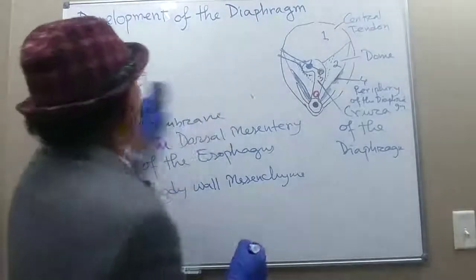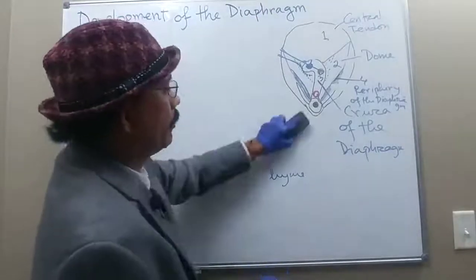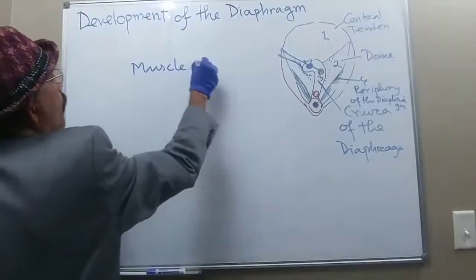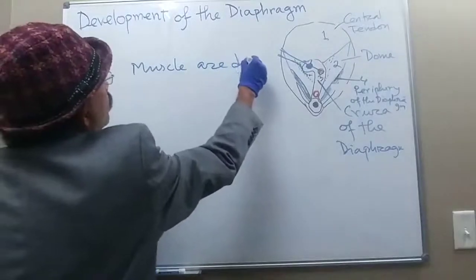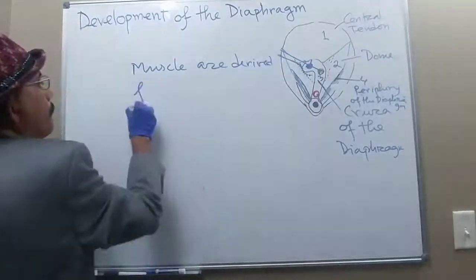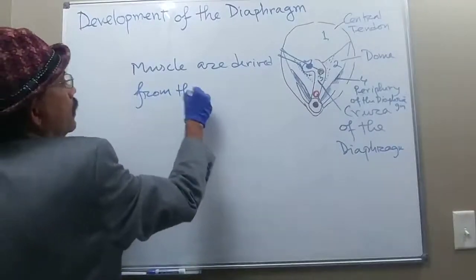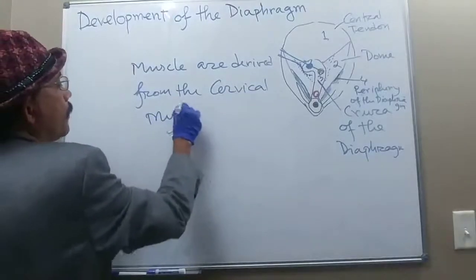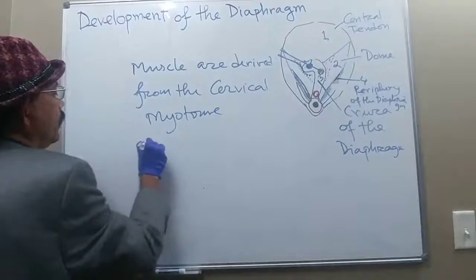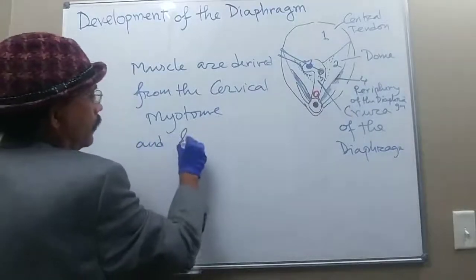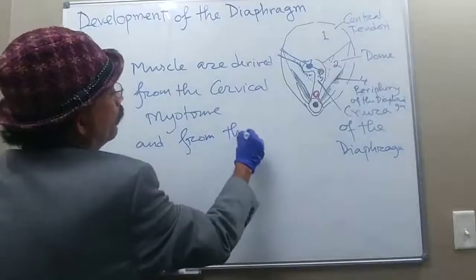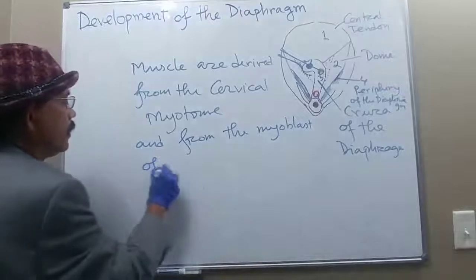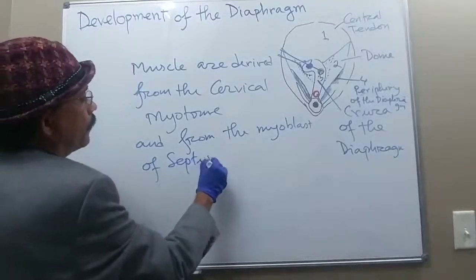Then the myoblasts of the diaphragm come from the cervical myotome. Okay, muscles are derived from the cervical myotome and from the myoblasts of the septum transversum.